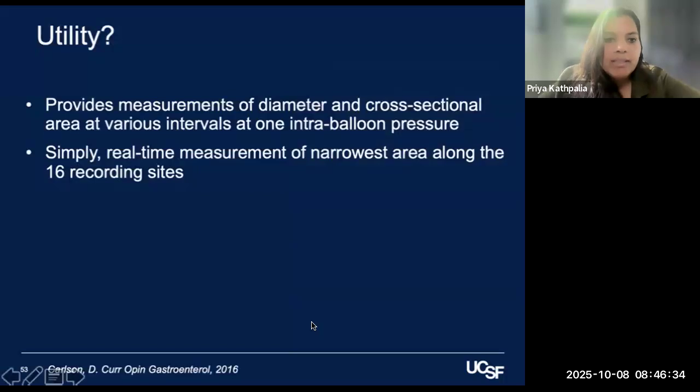It provides measurements of the diameter and the cross-sectional area at various intervals at one intraballoon pressure. And simply, it's a real-time measurement of the narrowest area along the 16 recording sites.